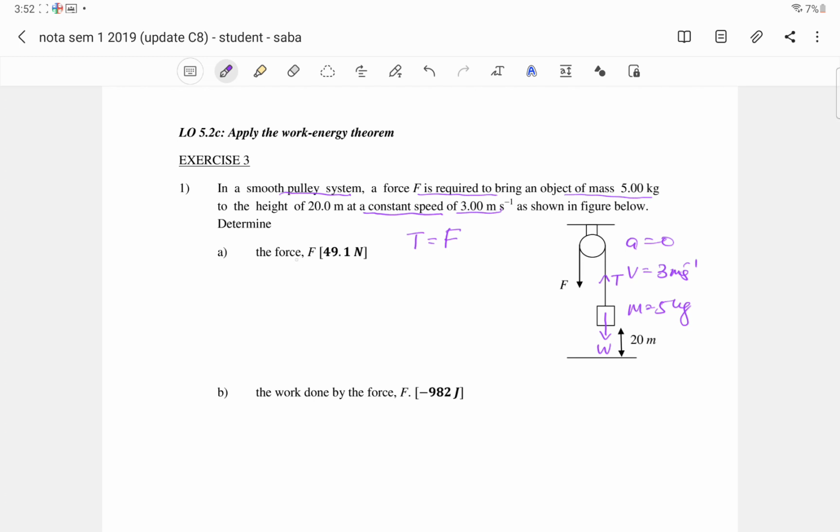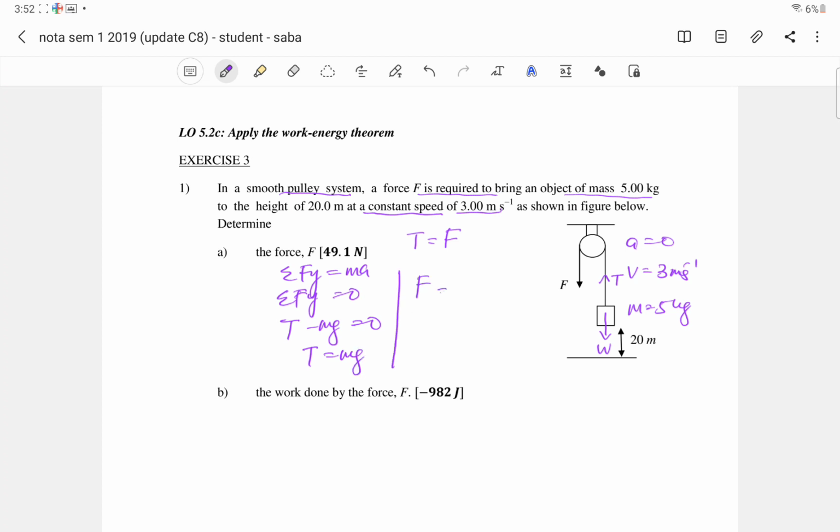Alright, so we have summation Fy is equal to ma. Because this is constant speed, our acceleration is 0, so we have T minus mg equal to 0, so T equals mg.